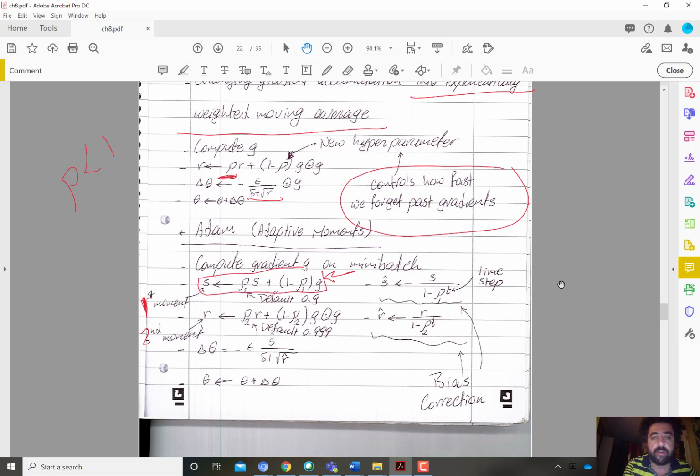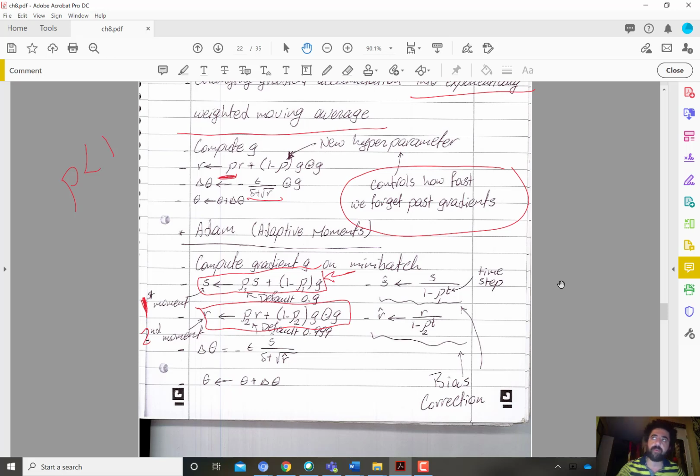We call it S here. This is the accumulation of gradients, and there is a rho 1 factor that basically controls how we forget the values of past gradients. And then this part R here is the same as RMSProp. So this is the square of the gradient.